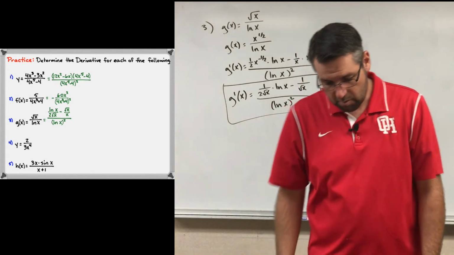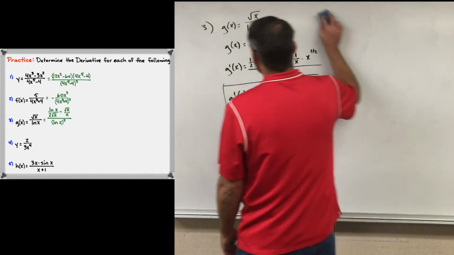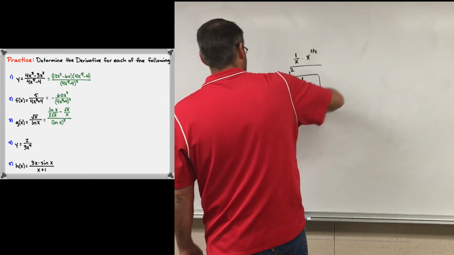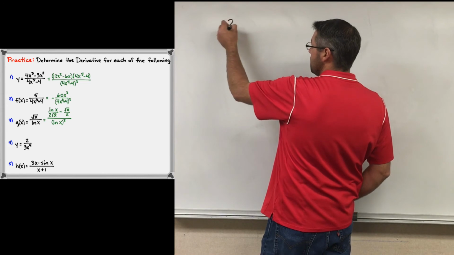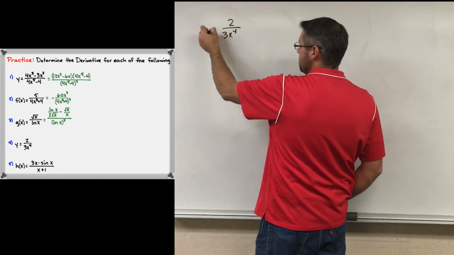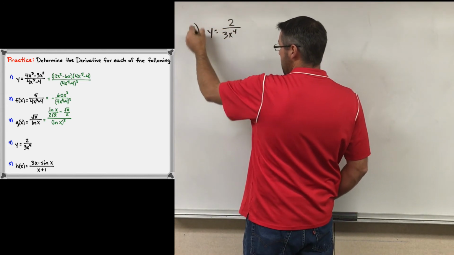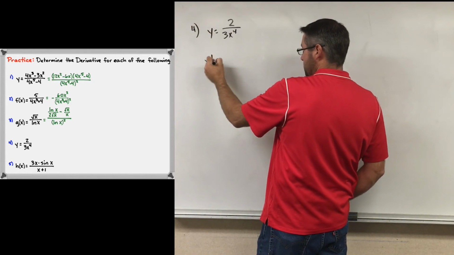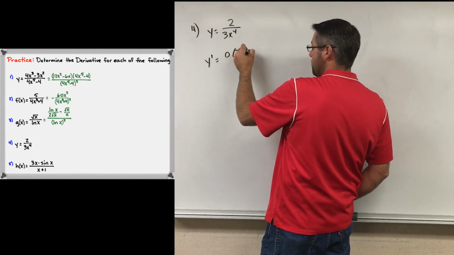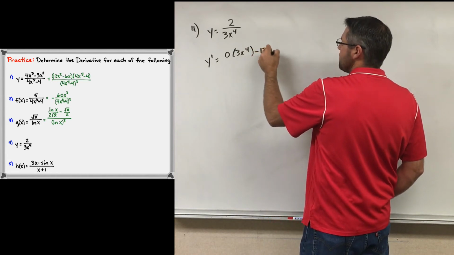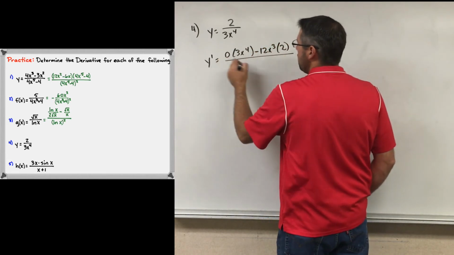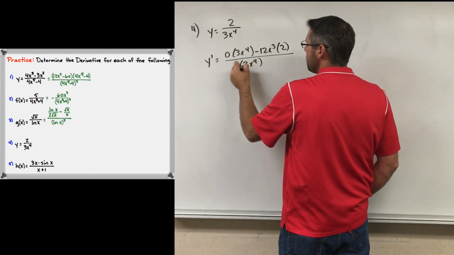And then number 4. Number 4 actually can be done using 2 different methods. We got 2 over 3x to the 4th, y equals 2 over 3x to the 4th. So the quotient rule would say y prime equals 0 times 3x to the 4th minus 12x to the 3rd times 2, all over (3x to the 4th) squared.